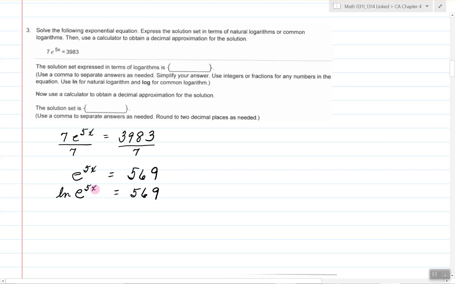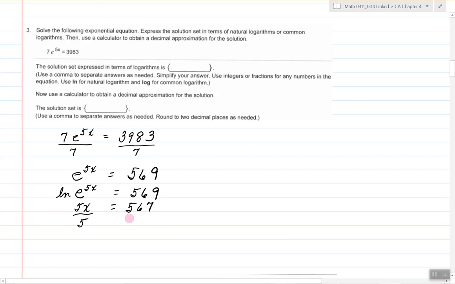Now, if you wanted to, you could use that power rule. You could say that the natural log of e to the 5x, that could go as the coefficient, it is 5x times the natural log of e, but the natural log of e is 1. 5x times 1 is 5x. But one of the properties takes advantage of that and says, because the base of the natural log is e, and this base is e, those are inverses, and you get 5x is 567.